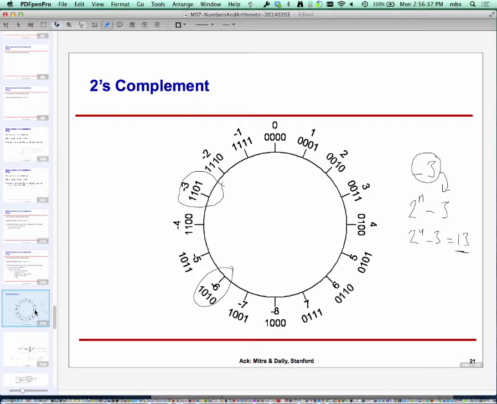So it's all in our interpretations, right? There's nothing intrinsic about a particular bit pattern to mean any particular thing. It's how you choose to interpret it. If we choose to interpret those 4 bits as an unsigned binary number, then 1011 represents 11.